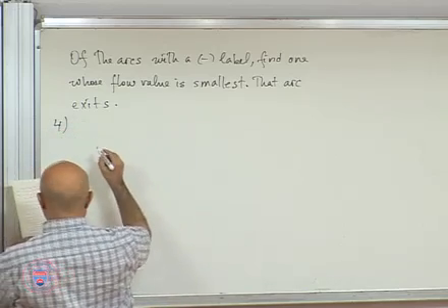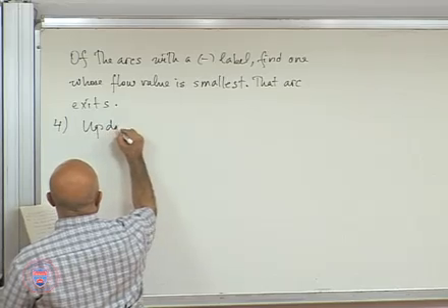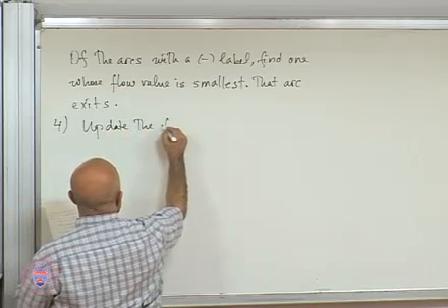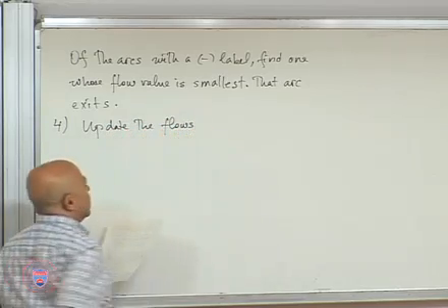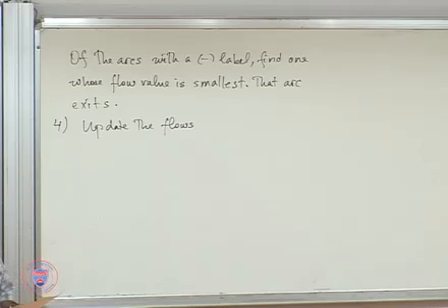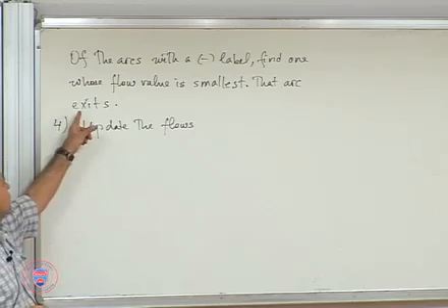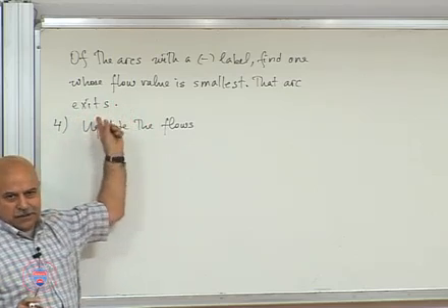Step 4: update the flows. How do you update the flows? I'm not going to give too much elaboration on that. You increase all the plus labeled arcs by the same amount, which is the flow value of the exiting arc.